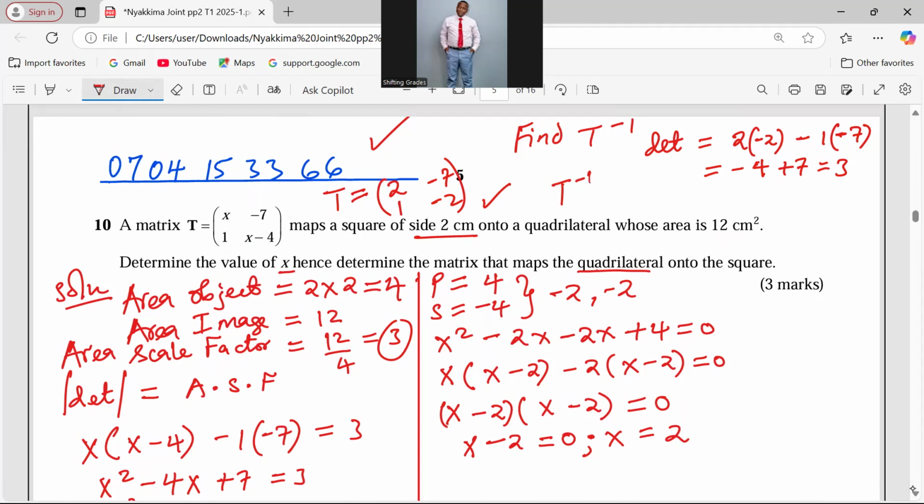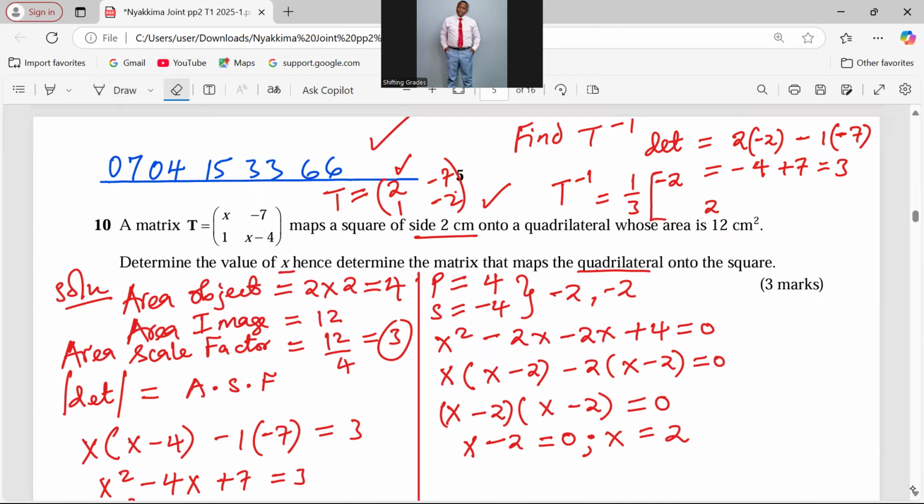Now that it is 3, we have to divide every element by 3. For us to get the inverse of T, we divide the elements by 3, but there's something we do. In the leading diagonal, if we have 2 here and -2 in the other position, we change their positions. -2 comes here and 2 goes down there. Then in the other diagonal, we reverse the sign such that -7 becomes 7, and 1, which was positive, now becomes -1.